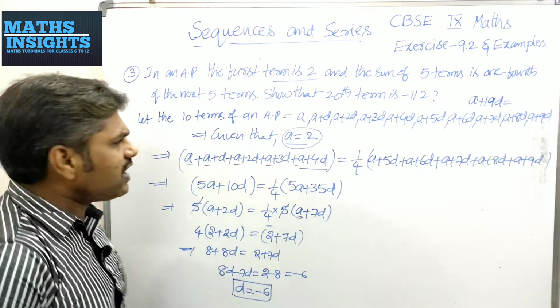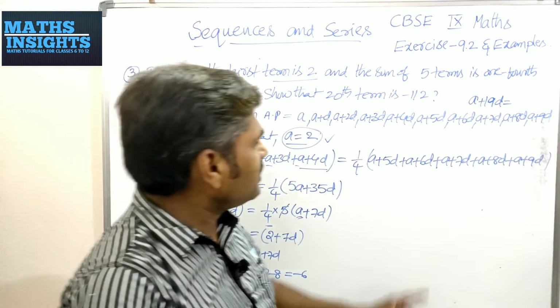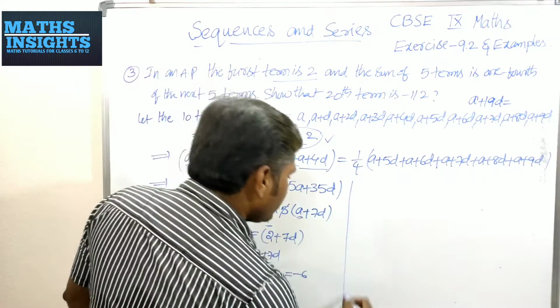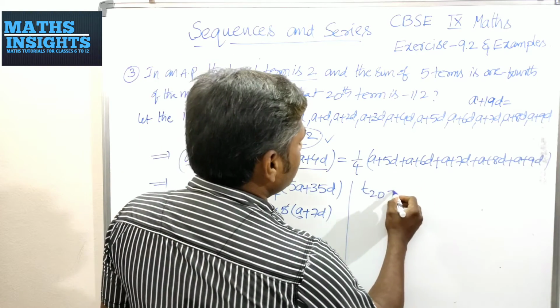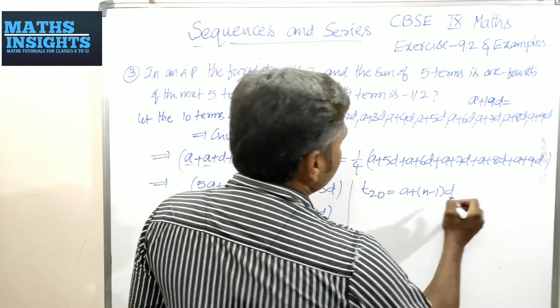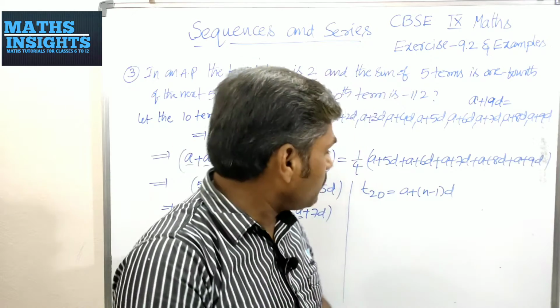You got the d value, the a value is also there. Now what they are asking: show that the 20th term. Now I will find the 20th term, t20, which is equal to a plus n minus 1 into d, n minus 1 into d is the formula.